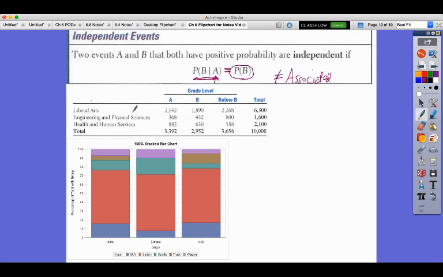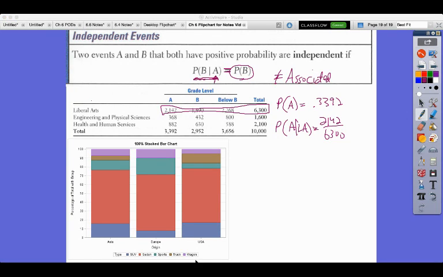So, for example, probability of getting an A is 3392 out of 10,000. Probability of A, given that you are a liberal arts major. Out of the liberal arts majors, we see this right here, 2142 out of 6,300.